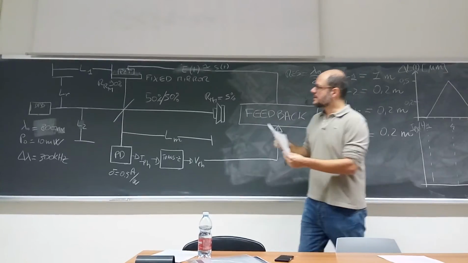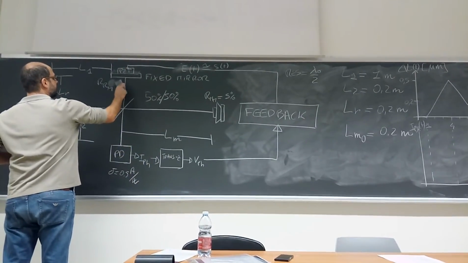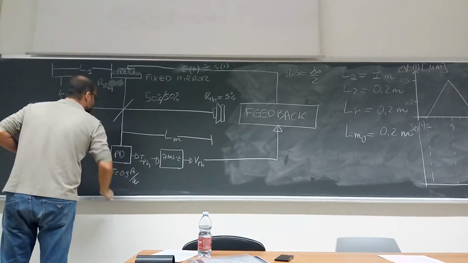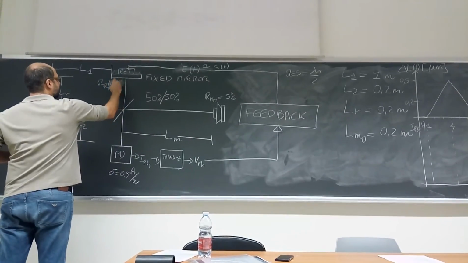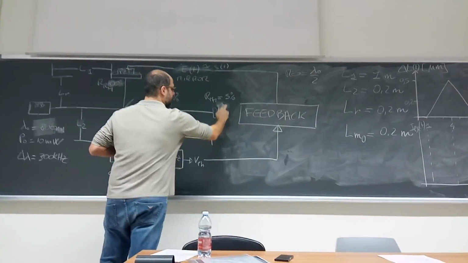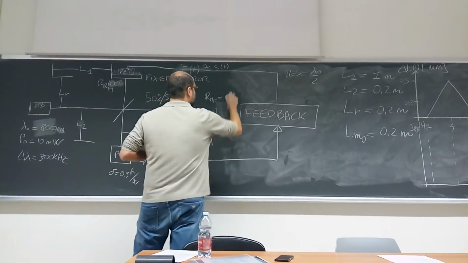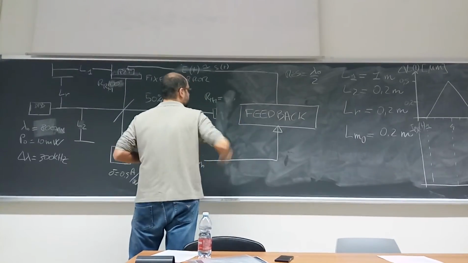In this case, the reflectivity of the reference and of the measuring arm, let's conceal the loudspeaker, here we have a mirror and the reflectivity is 100%.